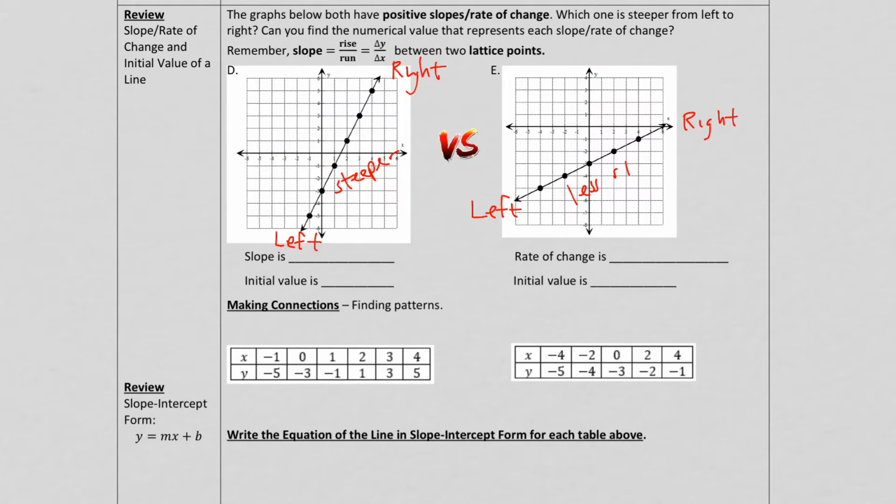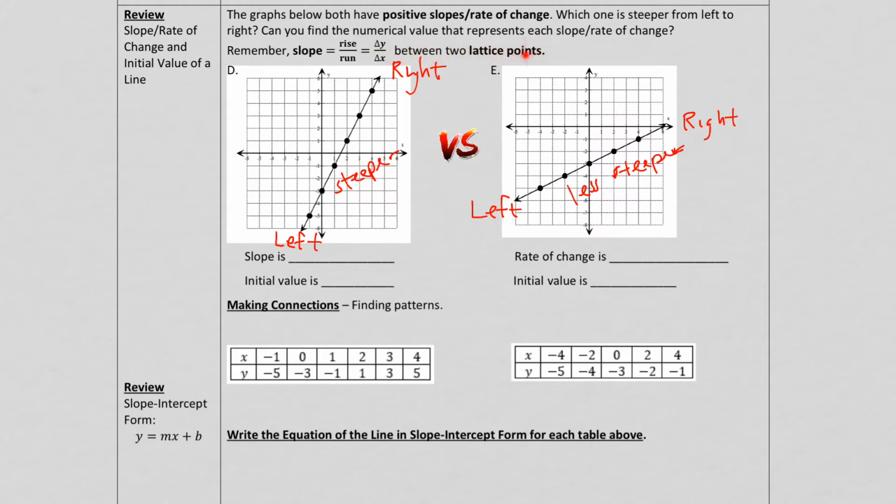So we can look at the structure and see how it's built and assign it some kind of steepness. What we want to do with linear functions is actually give it a numerical value, actually measure how steep something is. So can you find the numerical value that represents each slope or rate of change? Remember guys, with slope, it's rise over run, or the change of y over the change of x between two lattice points.